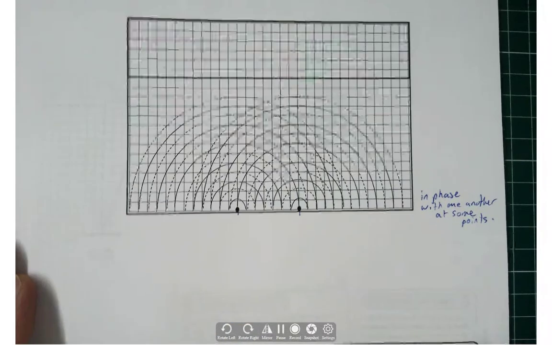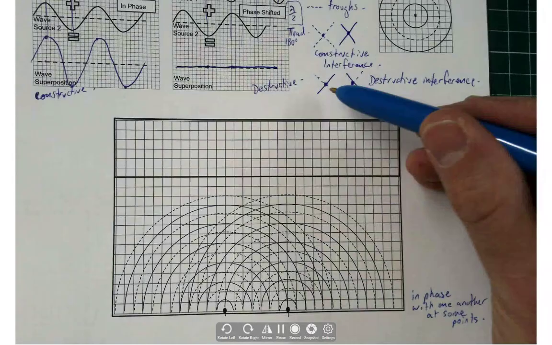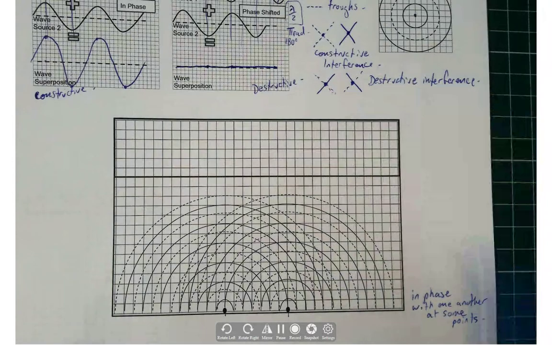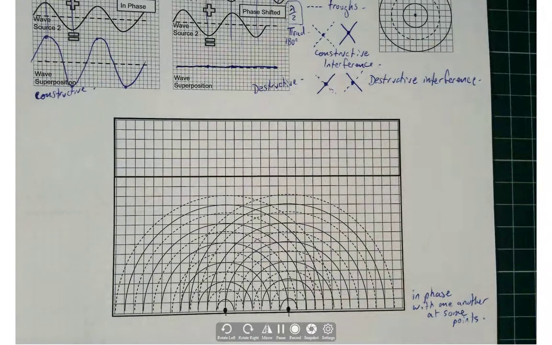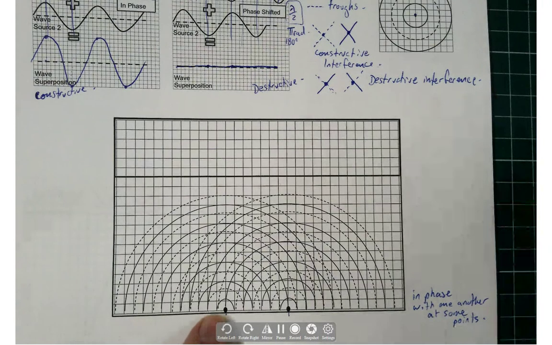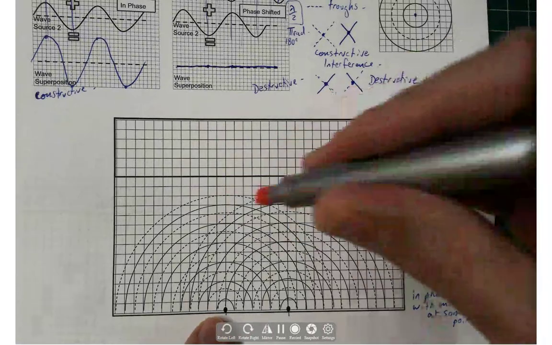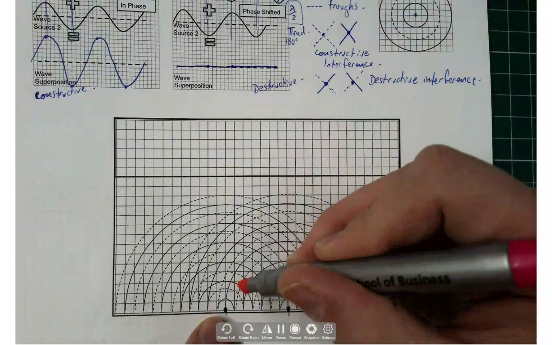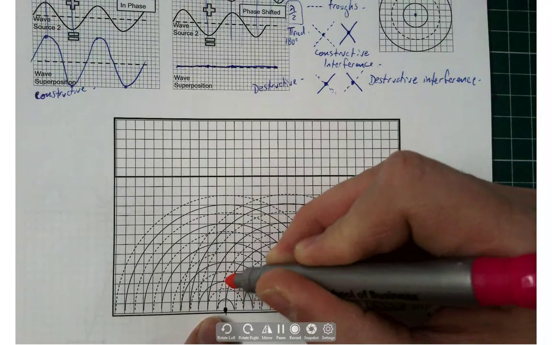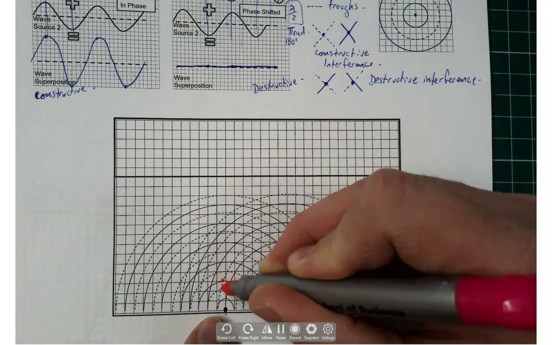What we said earlier was that when troughs and peaks meet, there's going to be destructive interference. And so I think for that, I want to grab my pink highlighter and I want to put a dot everywhere where a peak and a trough meets. And so I'm going to be kind of intentional about this. I'm going to look for peaks and troughs. I'll be systematic about it.